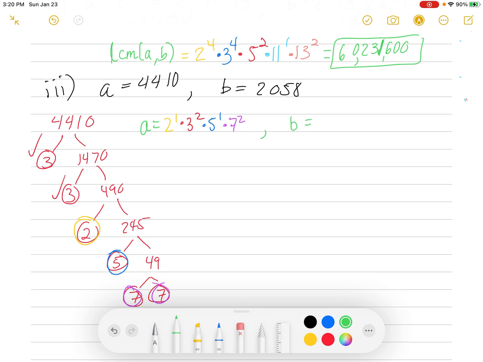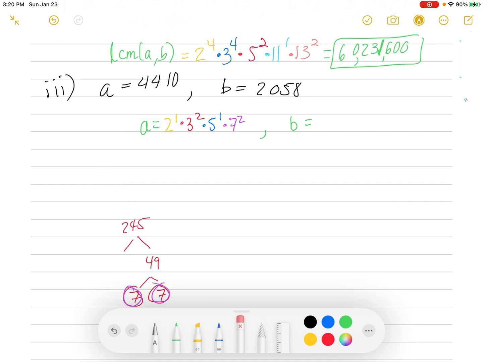Now we need to do B's factorization. Where am I going to do that? Let me do it in the upper left corner. Erasing my first factor tree, making a second.